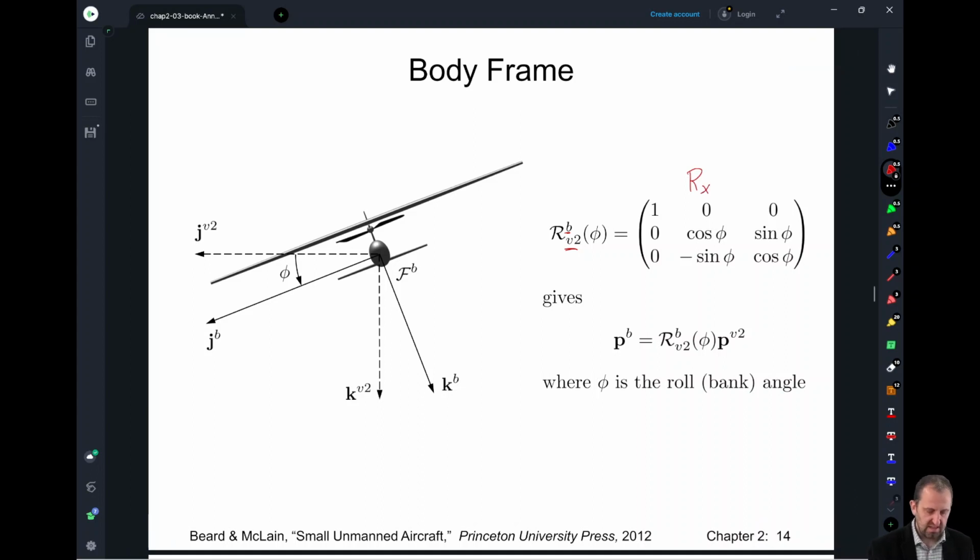We define the rotation that we need as phi, where now we rotate about the x-axis until the J in our body frame aligns with the right wing. The I axis already aligns with the nose of the aircraft. And then the result will be, if we do I cross J, that the K vector will point out the belly of the aircraft.